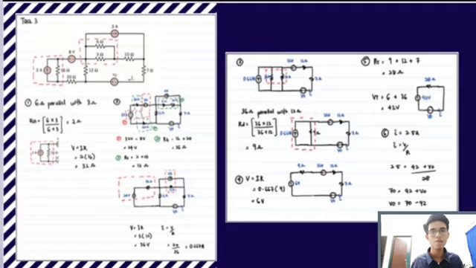For the last step, the value of current given is 2.58 ampere. Next, by using Ohm's law formula, we can calculate the value of V0. The value of V0 is 28 volt.